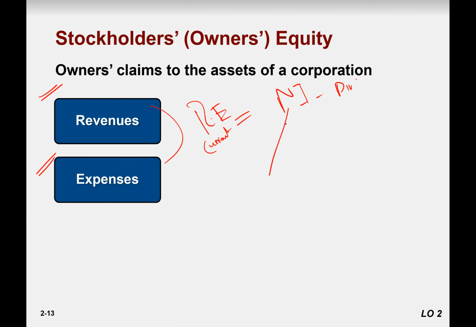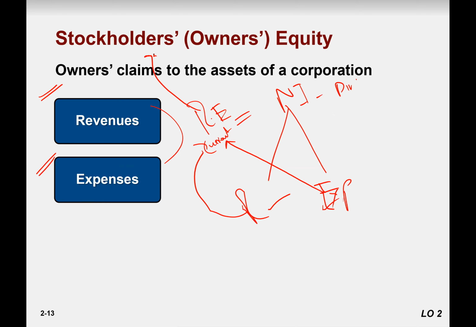If you segregate net income, calculated as revenue minus expenses, then indirectly revenue also belongs to retained earnings, and expenses also belong to retained earnings, right? And retained earnings is a part of owner's equity. So all the revenues and all the expenses also belong to retained earnings, or you can say stockholder equity.